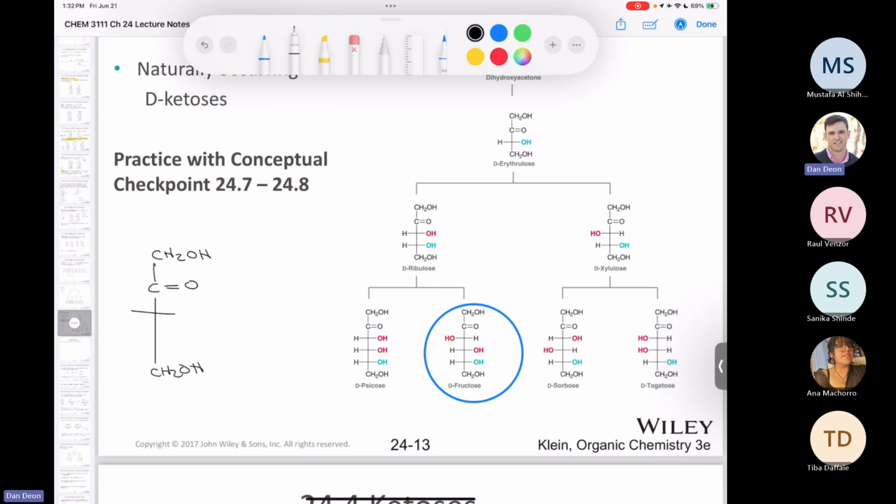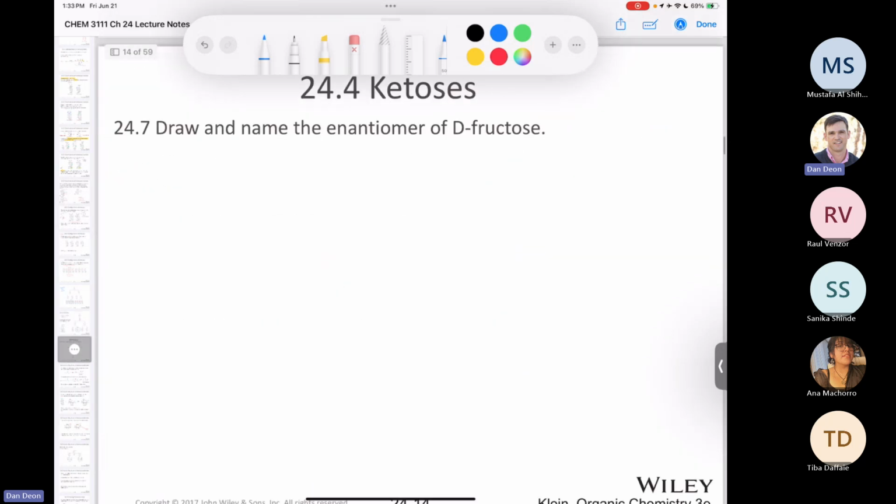Let's pencil in the chiral centers. This is me trying to be neat. Put in our protons. So this is D-fructose, and we're just going to copy and paste this into the problem.